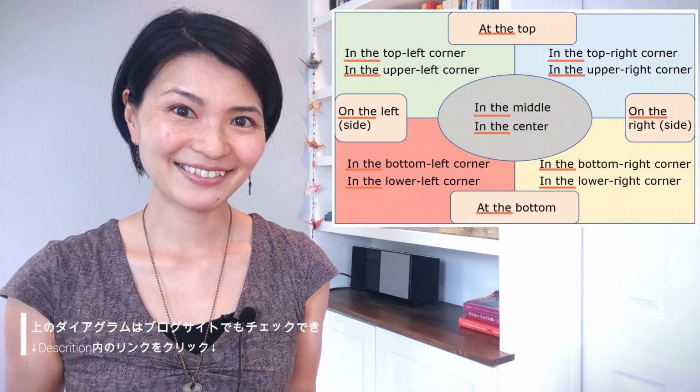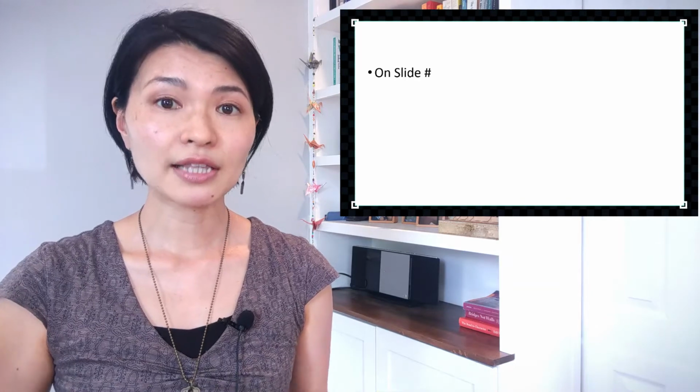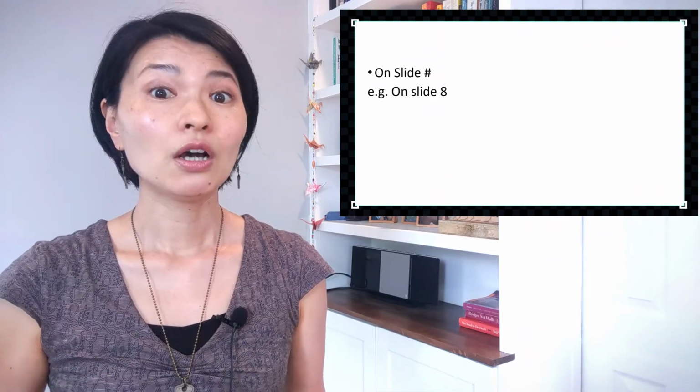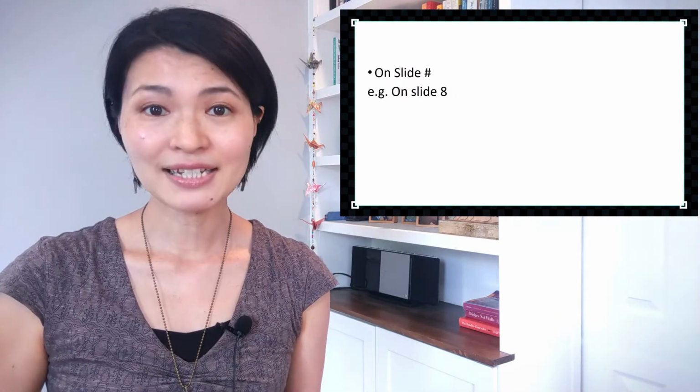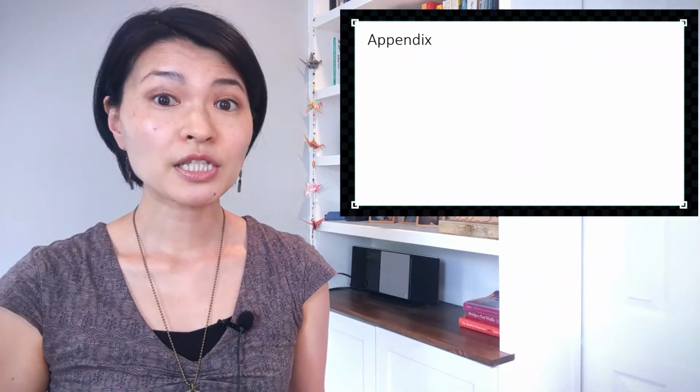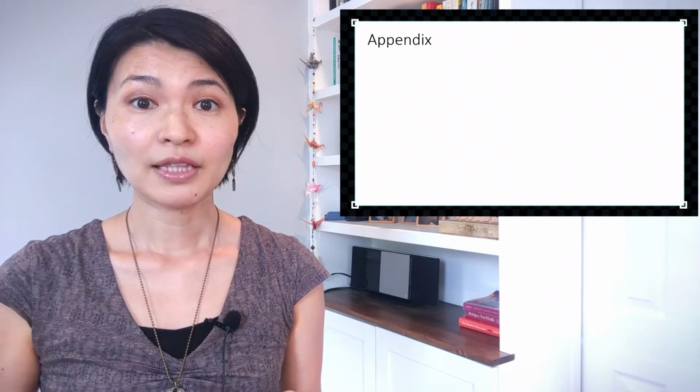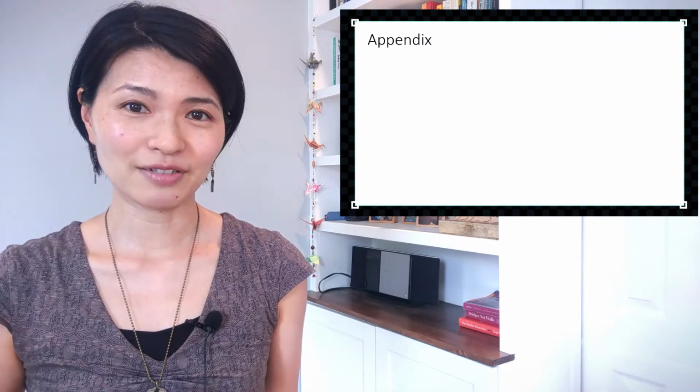If you want to point to an entire slide, you can just use the slide number and say on slide number, like on slide 8. Or you might have the appendix slides where you put some extra information that didn't quite fit in the presentation.